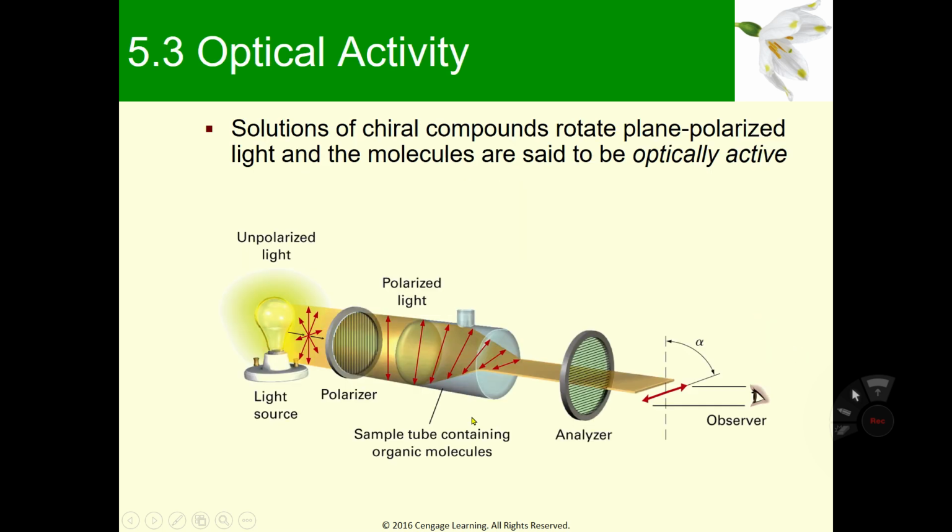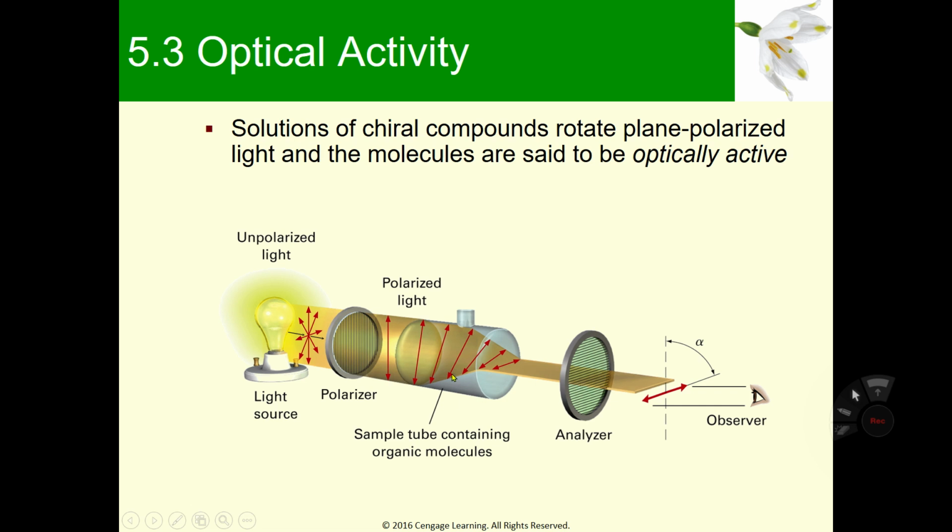If the molecule rotates this plane polarized light, then we say this molecule has an optical activity. Now, what's the relationship between optical activity and handedness? If you have a molecule which has chiral centers, for example chiral carbons, then you will see optical activity.